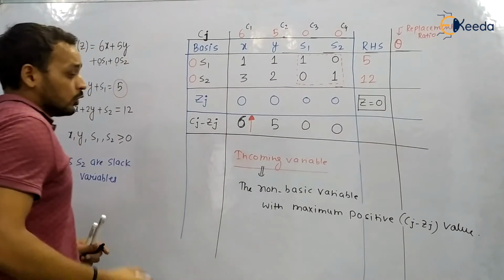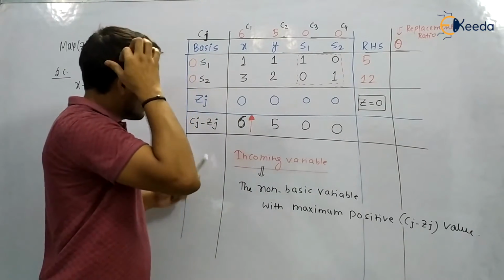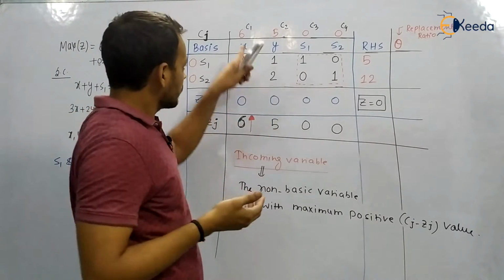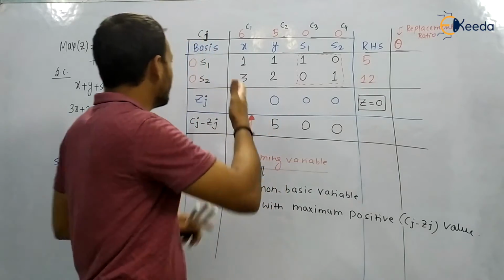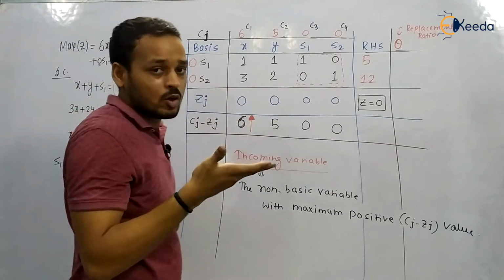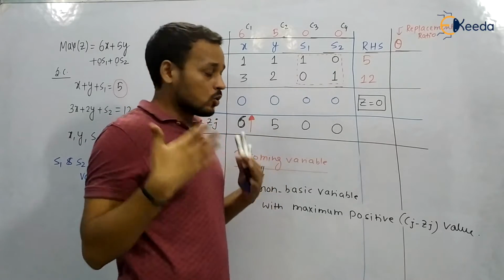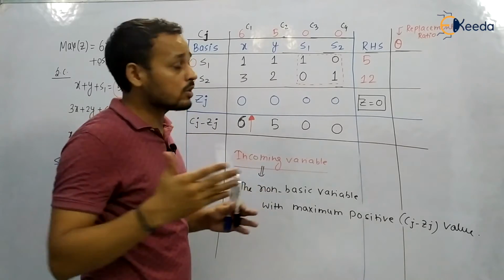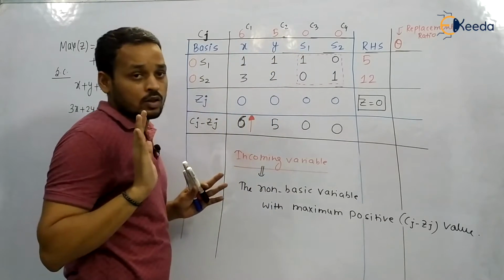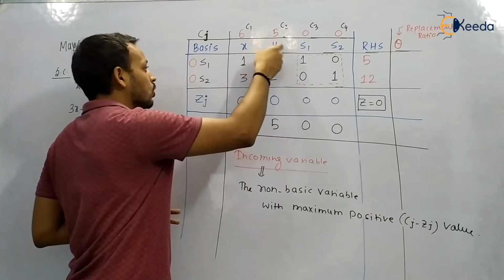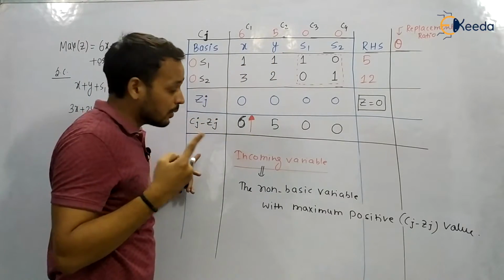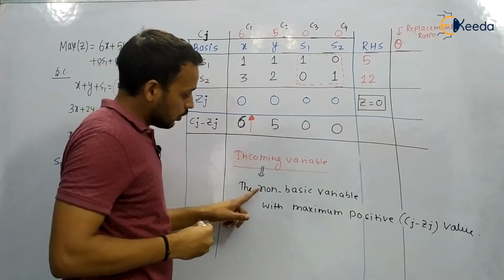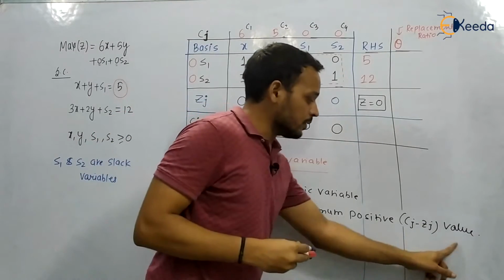It means that now, instead of S1 and S2, we are going to introduce some non-basic variables. S1 and S2 are slack variables, which have been assumed. One of them will go outside and make a new place for either X or Y. Which of X and Y becomes the new basic variable is decided by the incoming variable rule: the non-basic variable with the maximum positive Cj minus Zj value.